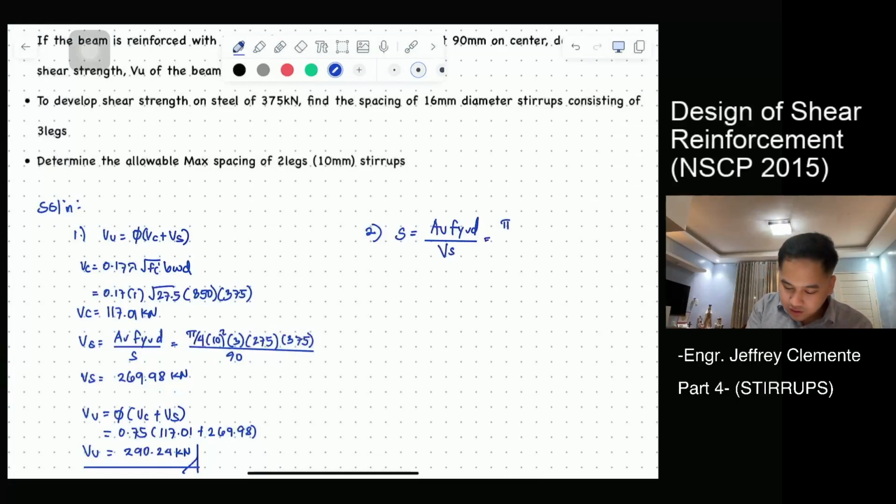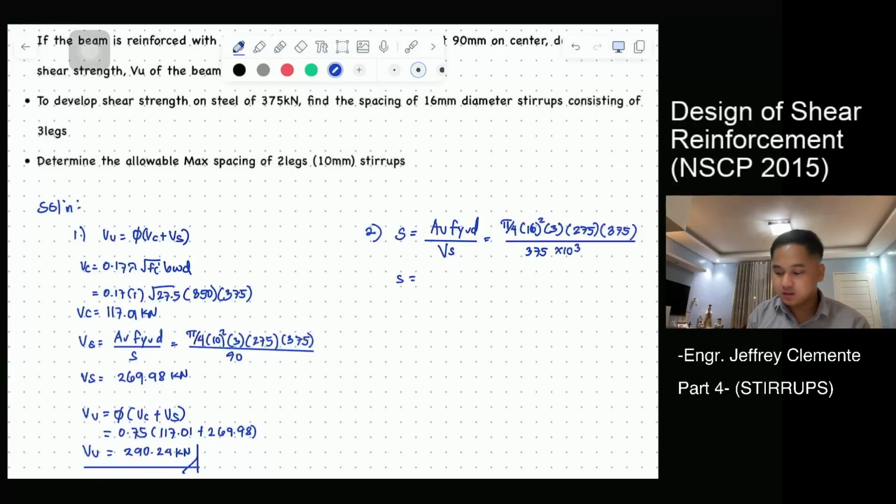So the answer is pi over 4 times 16 mm squared times 3 legs times fy 275 multiplied by d, which is 375 mm, all over Vs, which is 375 times 10 raised to 3. Then we'll get a stirrups spacing of 165.88.